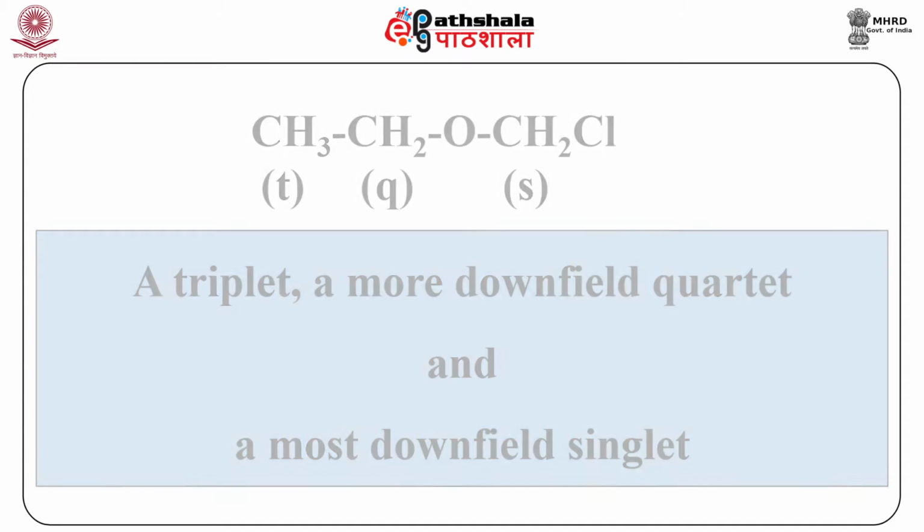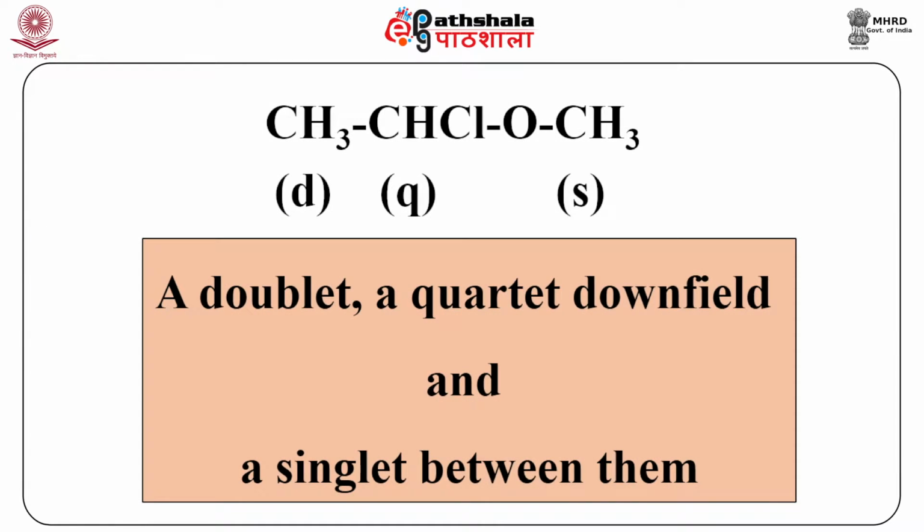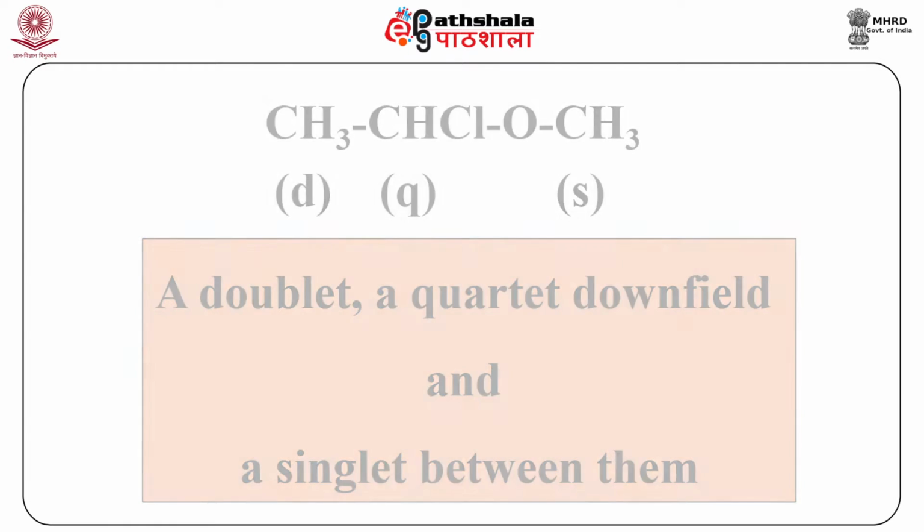If the chlorination happens on the CH2 of the ethyl group in this ether, then you get this particular product, and in this case there will be a doublet for CH3, a quartet downfield for the H joined to the carbon which is further joined to Cl, and a singlet for the methyl.